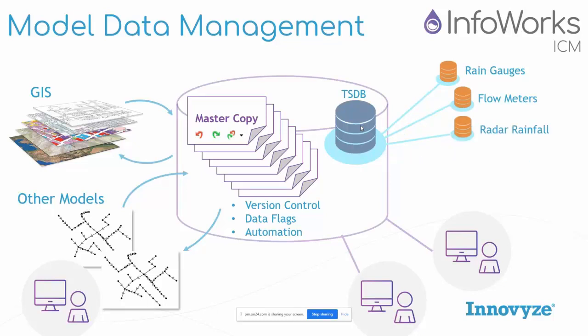So we can pull NEXRAD radar files directly, as well as forecast data. We can bring in pump status. And so these can all be tied to your data server where it's being stored live and have it directly connected to the model. Really any time series data, you can have tied in there.